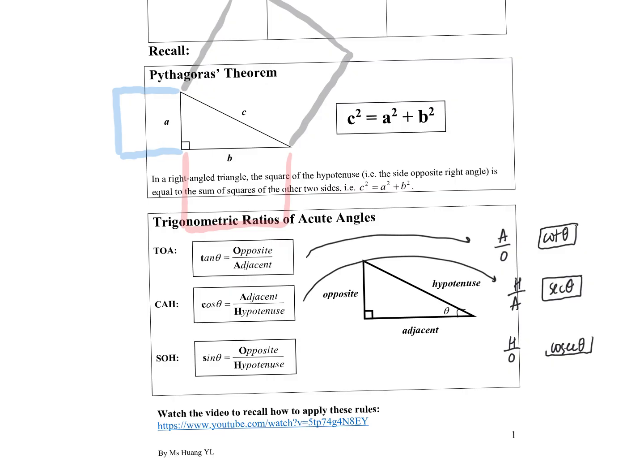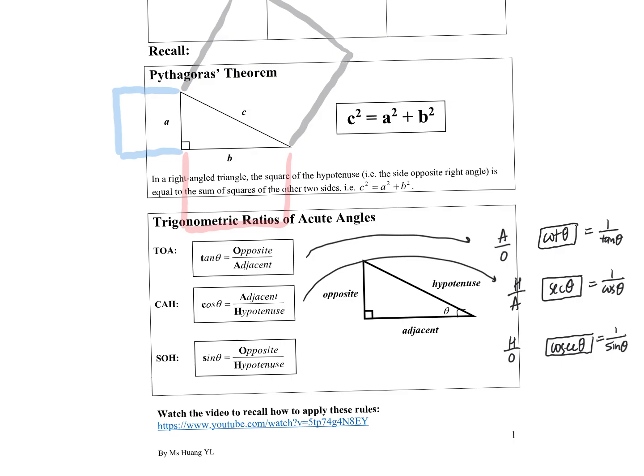So in A math, when we go into trigo, you will see cotangent, secant, cosecant. But it is just the same as 1 over tangent, 1 over cosine, and 1 over sine. It is just another ratio they came up with, and then they came up with another function to represent it.